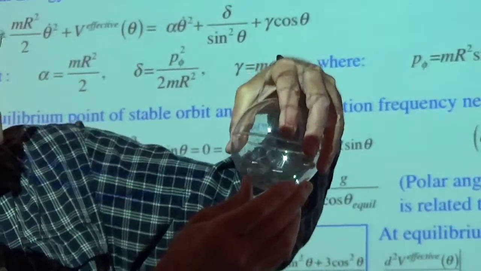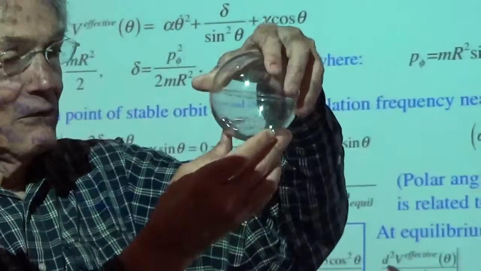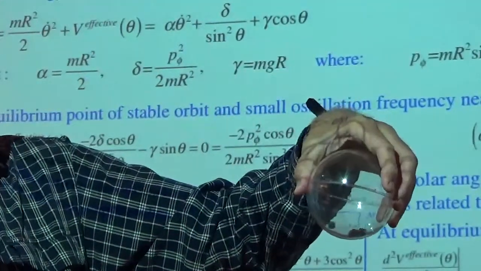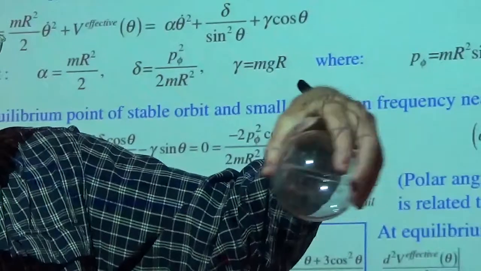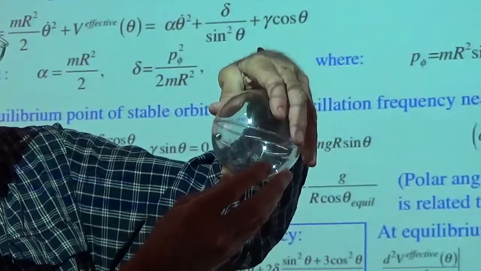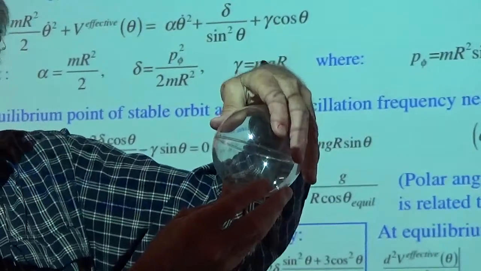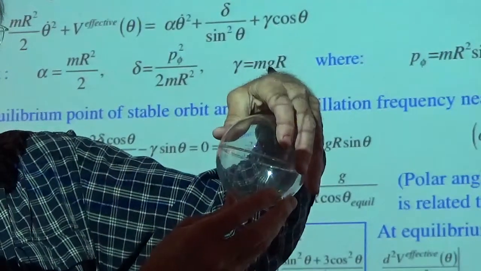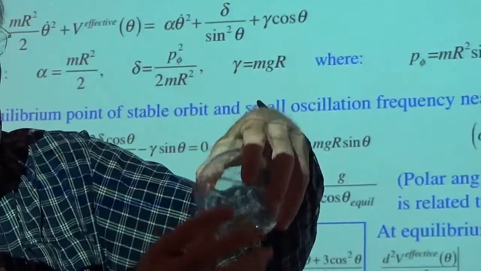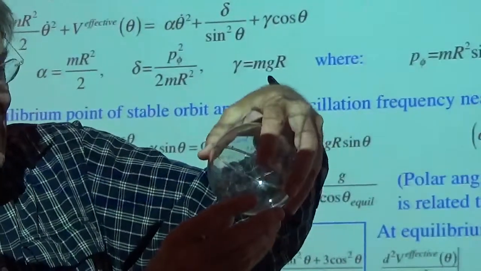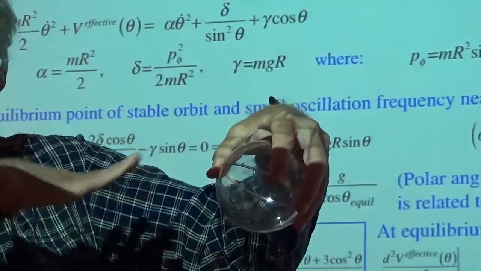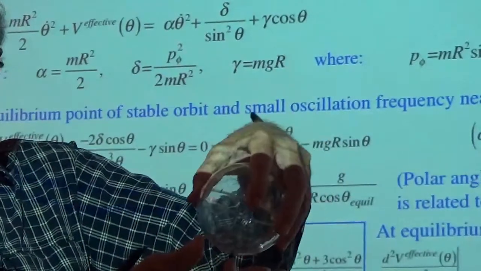Now it's precessing. And you really have to look down on the top of it to see that. But what's nice is all the balls are doing it. There's 7 balls in there, and they're all doing it. See that precession? Now you just have to look at it from the top and see that it is indeed a prograde. If I'm making the balls go that way, then it's precessing that way.